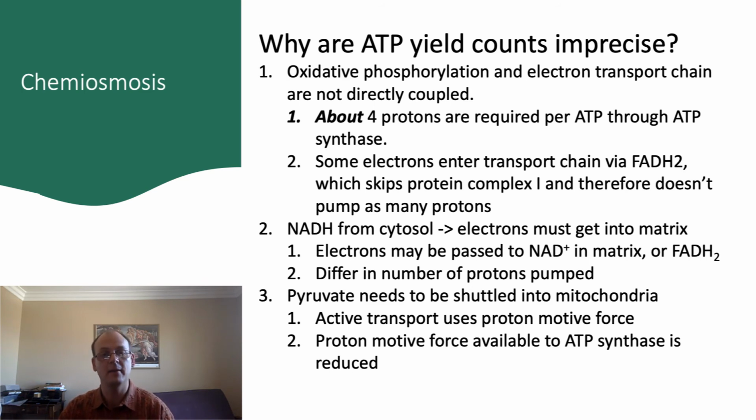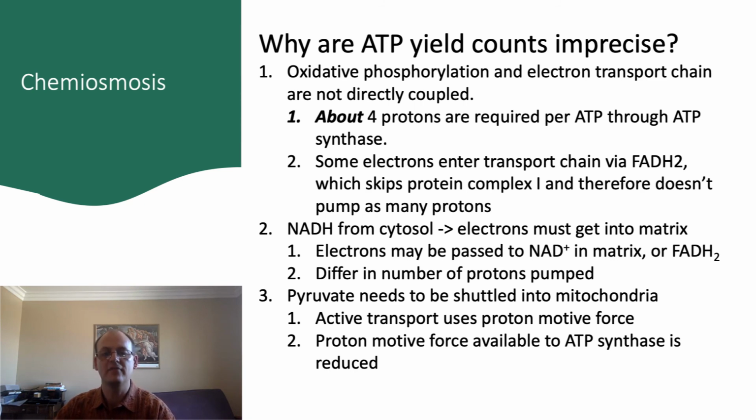They estimate that number to be 4, but in order to generate those 4 protons, electrons must move through the electron transport chain. Some electrons enter the electron transport chain from NADH and others from FADH2. Remember that electrons entering via FADH2 have less energy than those entering from NADH, and therefore pump fewer protons.